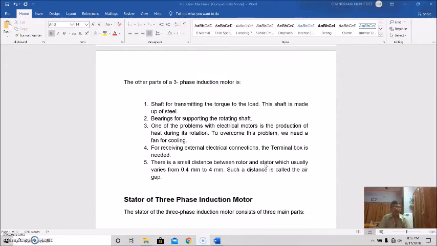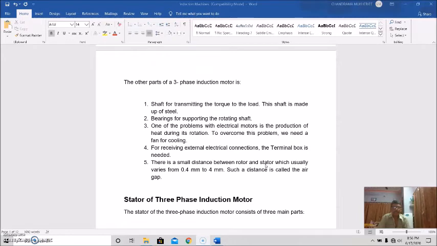During operation heat is generated for different reasons, so to dissipate this heat a fan is provided for cooling. Another part is the terminal box or connection box, where the stator terminals are terminated and where the external supply is provided. The stator and rotor are placed in such a way that there must be a uniform air gap between them, and this air gap is of 0.4 millimeter to 4 millimeter.